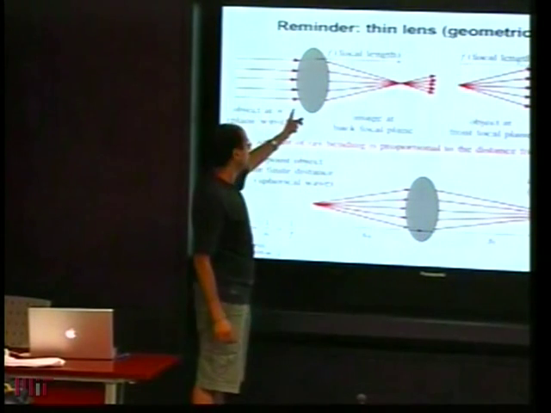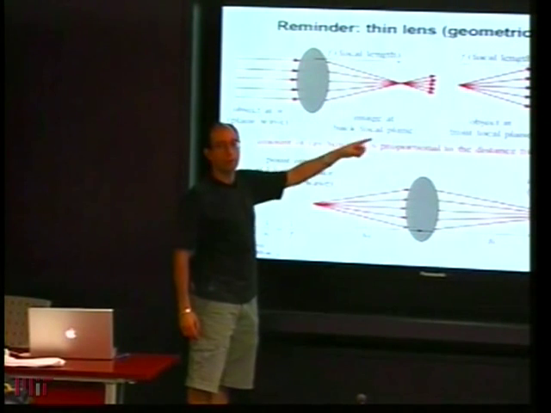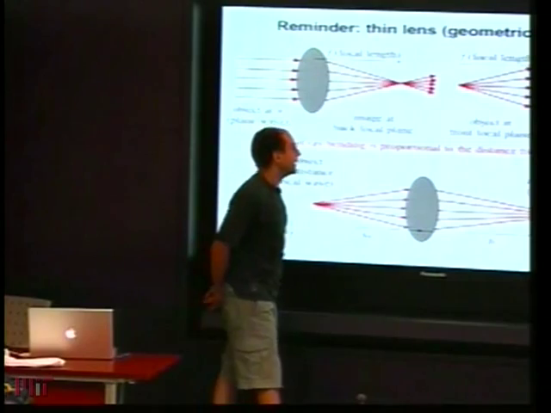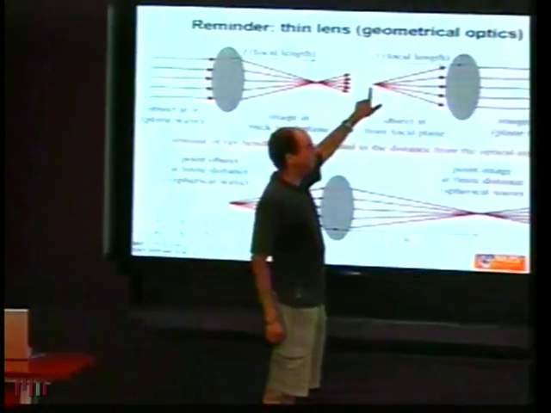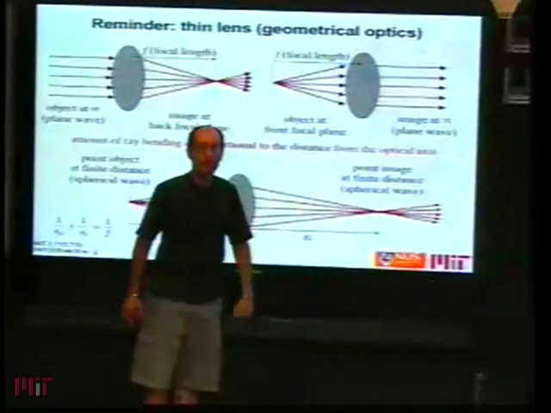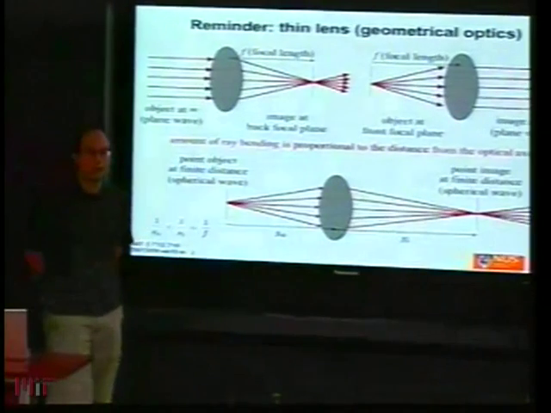For example, if you illuminate a lens with a plane wave, then the lens will focus that plane wave at one focal distance to the right. On the other hand, if you place a point source at one focal distance to the left, the lens will collimate it, will produce a plane wave, which we also refer to as an image at infinity.